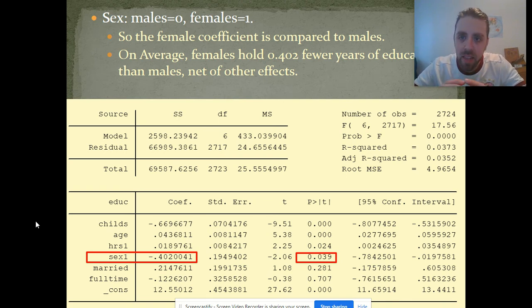So the fact that the coefficient here has a negative sign attached to it tells me right off the bat that group 1 has lower levels of the dependent variable, lower levels of years of education, as compared to the reference group of males. Okay?